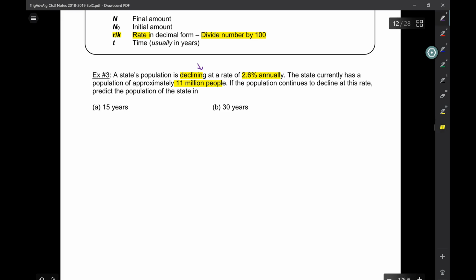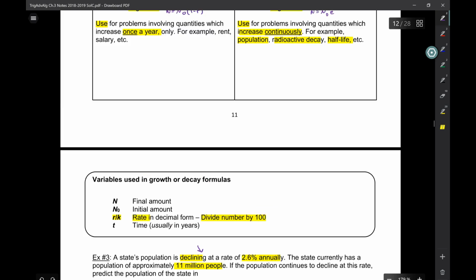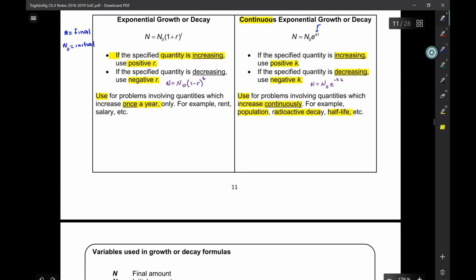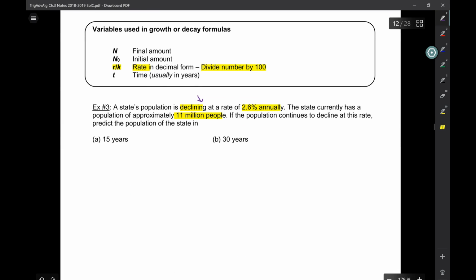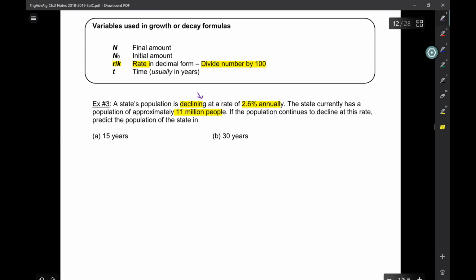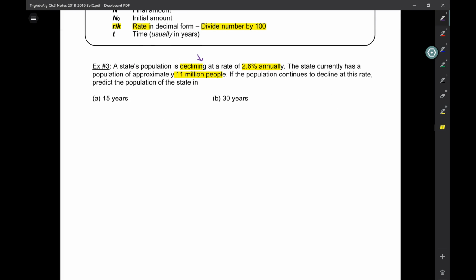Okay, first let's write down what we have. 2.6% annually, what is that? That's your rate. So first of all, am I going to use the first formula or the second formula? Does it say it's continuous? No, it doesn't say it's declining continuously, so we're going to use the first one.